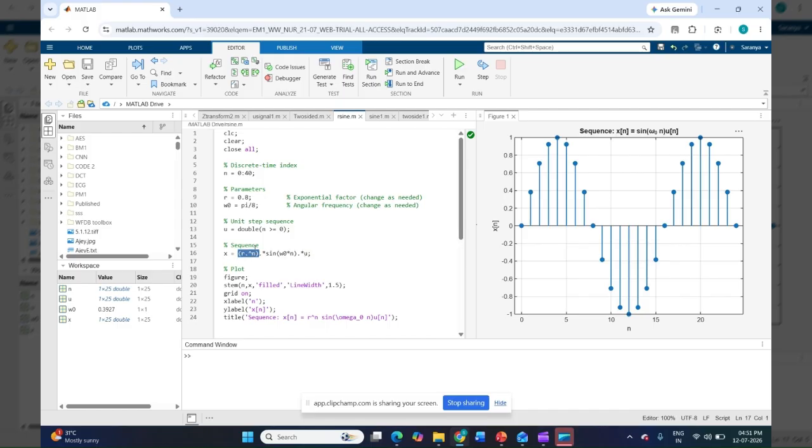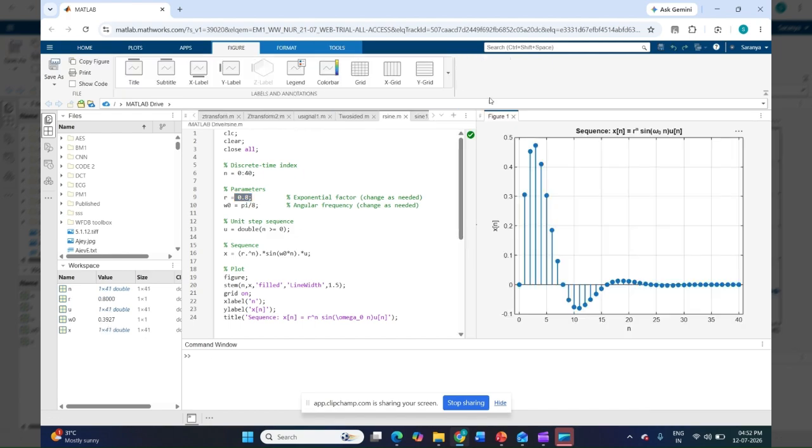The r value I have taken is 0.8, which is less than 1. What will happen to this sequence? Let us see. Only the first half of the cycle is available, and the next half is decaying because the r value is 0.8.